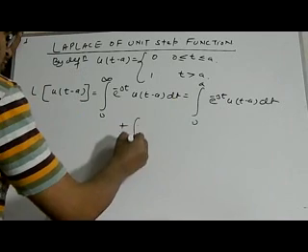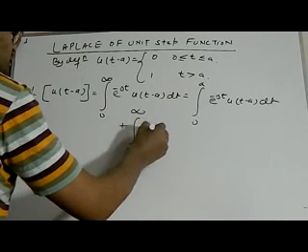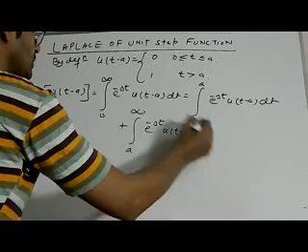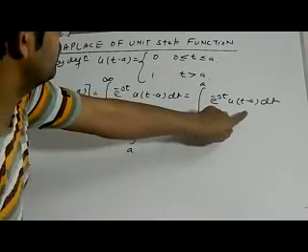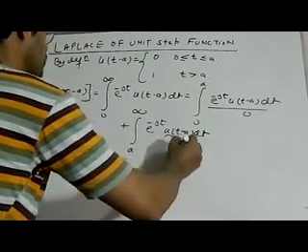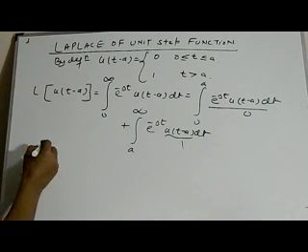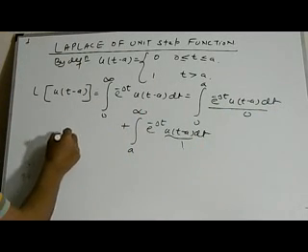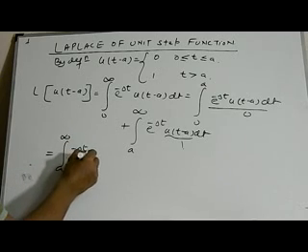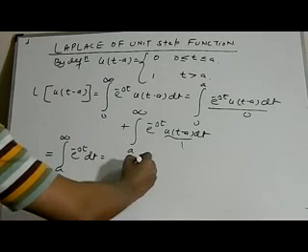Then the second part, from a to infinity of e to the power minus st u(t minus a) dt. Now in the first domain the unit step function takes the value 0, and here it takes the value 1. So finally we are left with the integral from a to infinity of e to the power minus st dt.